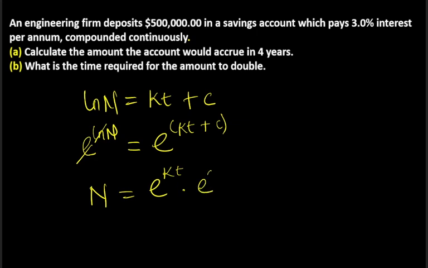times exponent C. But recall that our exponent C is the same thing as A because it is a constant. So we are going to have that our N will be equal to A exponent Kt. You can always denote this as your equation 1.